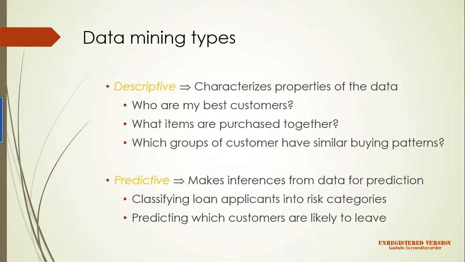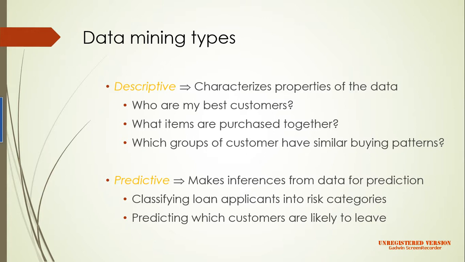Your sales are a dependent factor, and the weather and the taxes are independent factors to your business. Based on that, your sales will be decided. But in descriptive, it's not like that. The techniques used will not have any dependent variable.